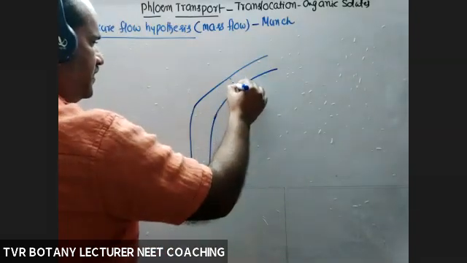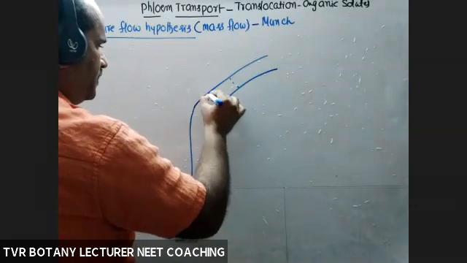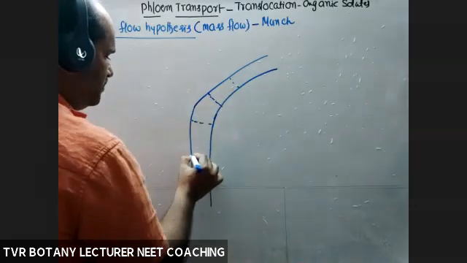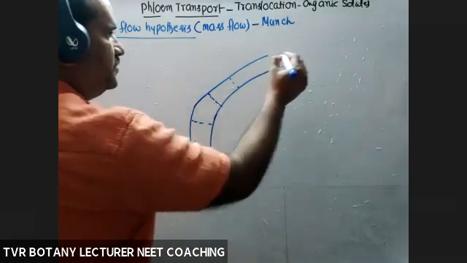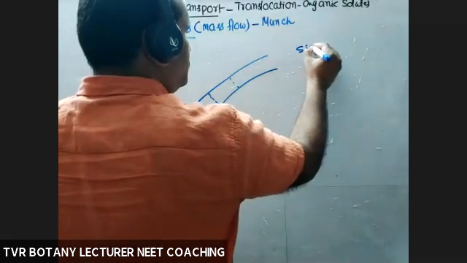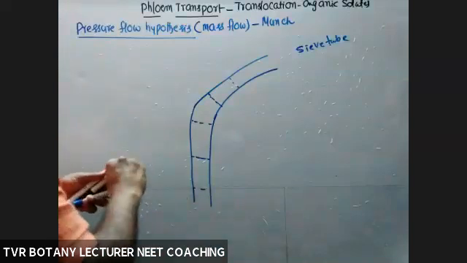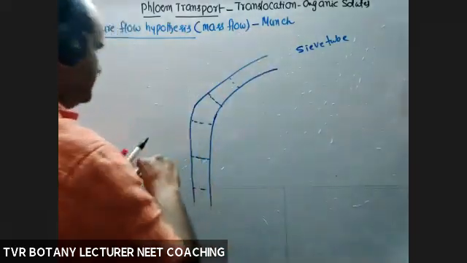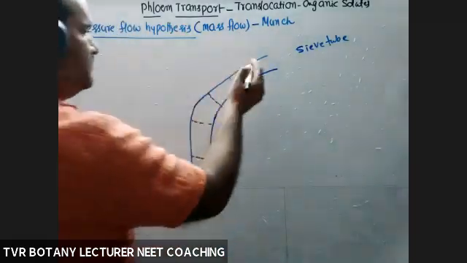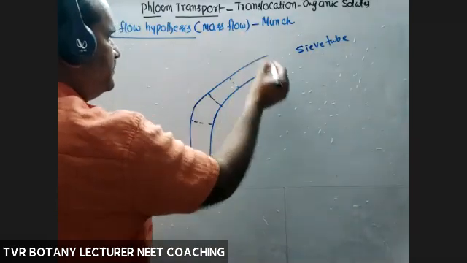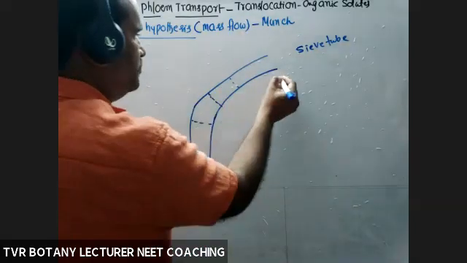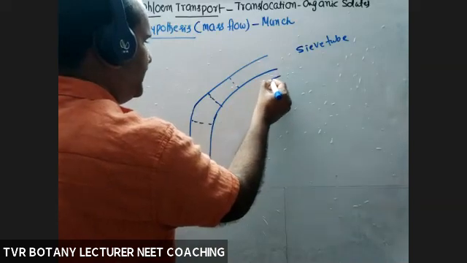Okay, so here so-called sieve plates are present. So this one is a sieve tube. Next one is this one. Here I'm taking sieve tube and companion cells.